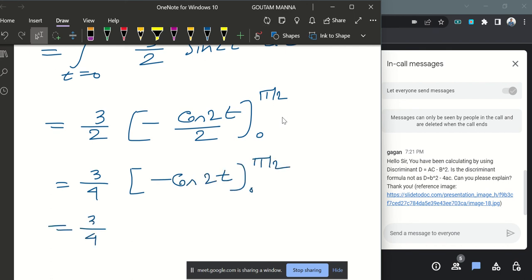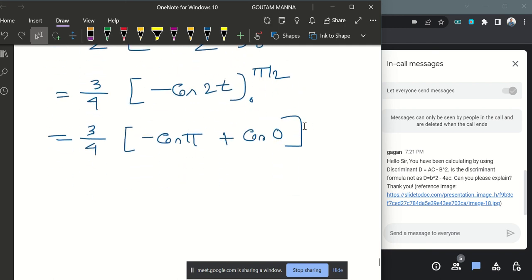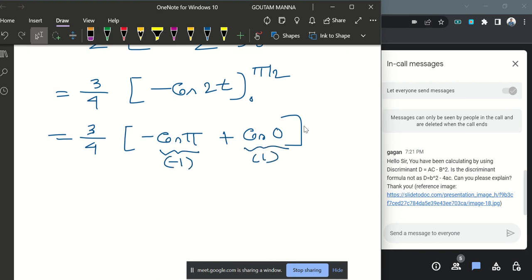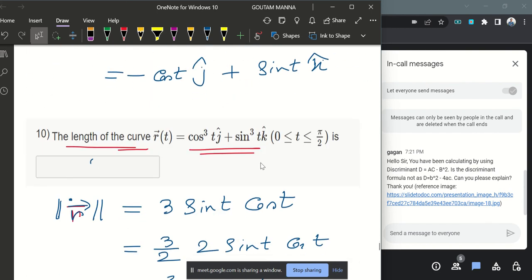With the upper limit pi by 2, it will be minus cos of pi plus cos of 0. Cos of pi is minus 1 and cos of 0 is 1. So you will have 3 by 4 times 2, that is 3 by 2. So the length of this curve is 3 by 2.